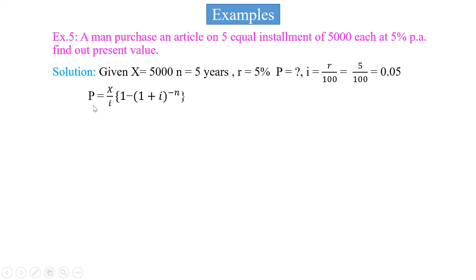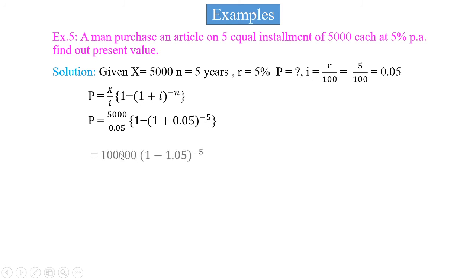We have the formula P = X/I {1 - (1 + I)^-n}. We put these values in this formula and we get P = 5,000/0.05 {1 - (1 + 0.05)^-5}.